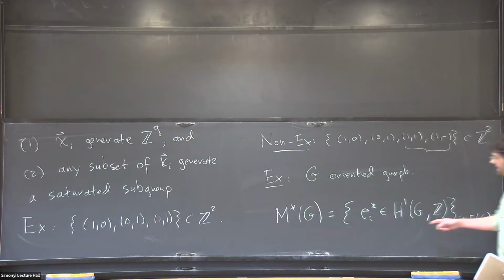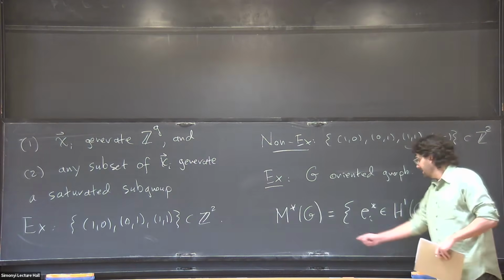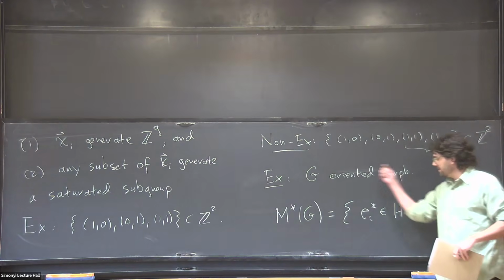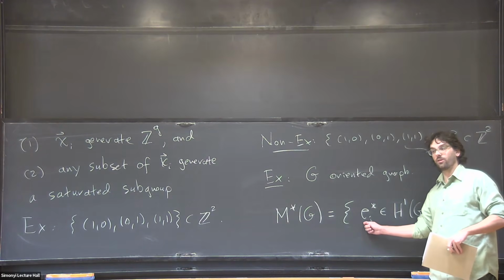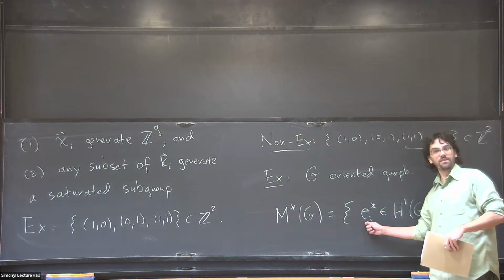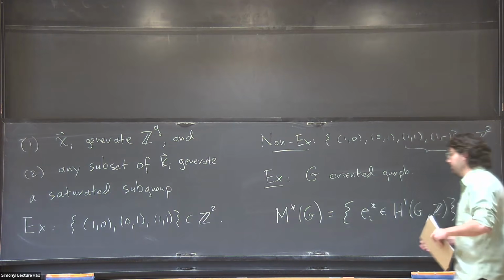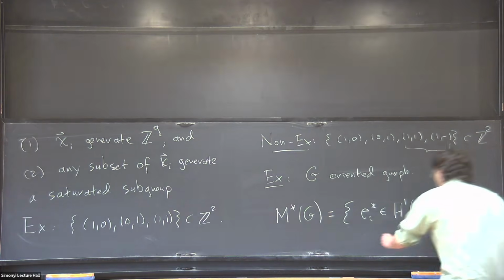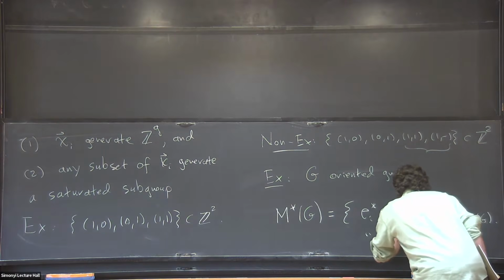So these are the linear functions on the homology. Now I can see, in a loop in the graph, how many times that loop goes through the oriented edge Ei. And so that's a linear functional on the homology, so it's an element of the cohomology. So this is what we call the cographic matroid.